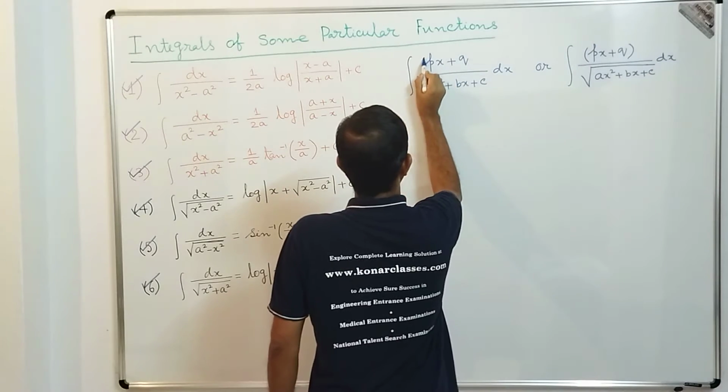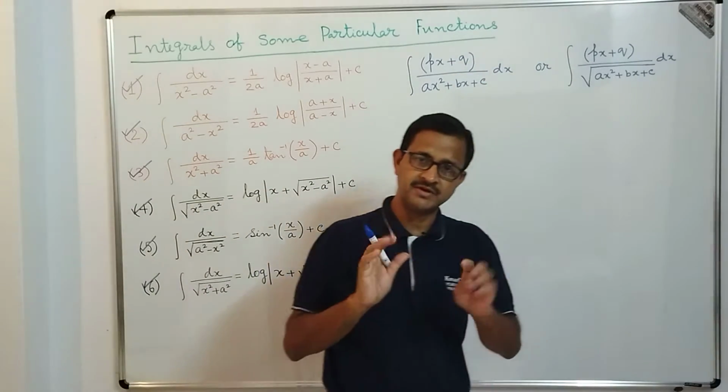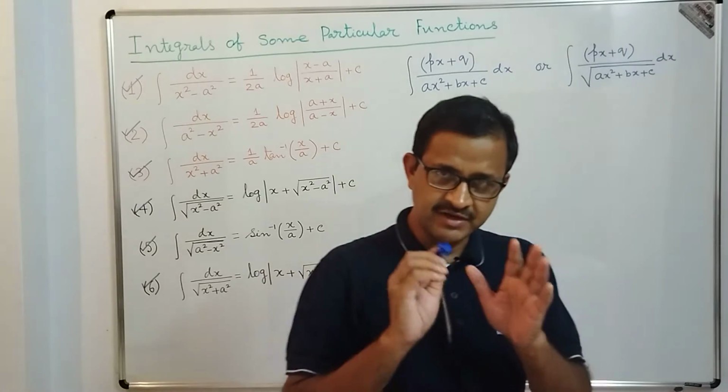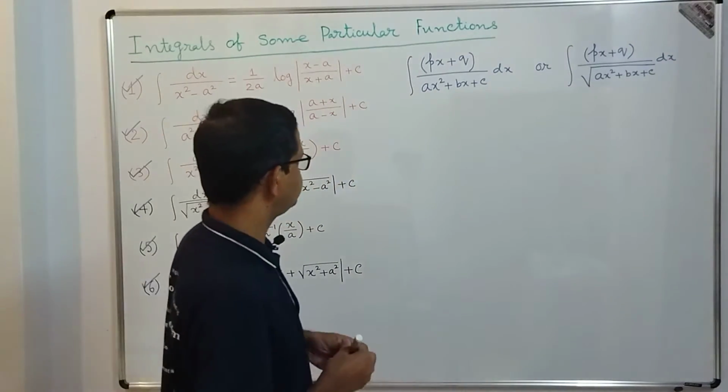So, for this type of function, either this or this, how do we perform that integration? First I will describe the theory, and then we will solve some problems together.